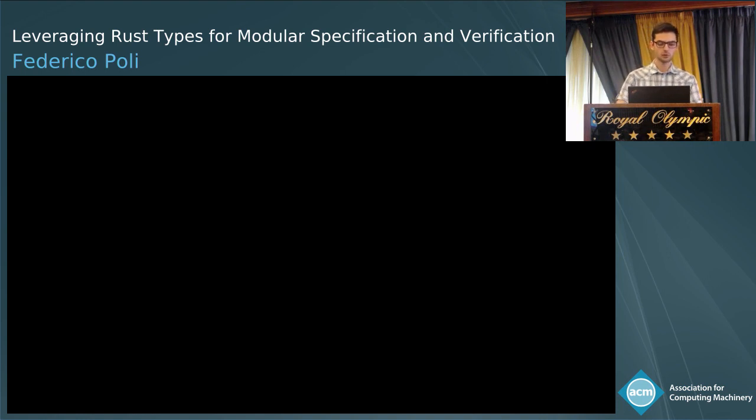So for this example, the example is exactly what we saw before. It's Rust code, and just one line of annotation is needed in order to verify this program. So the developer only has to add one line, this pure annotation that means that this particular method called length can be translated as a pure mathematical function.